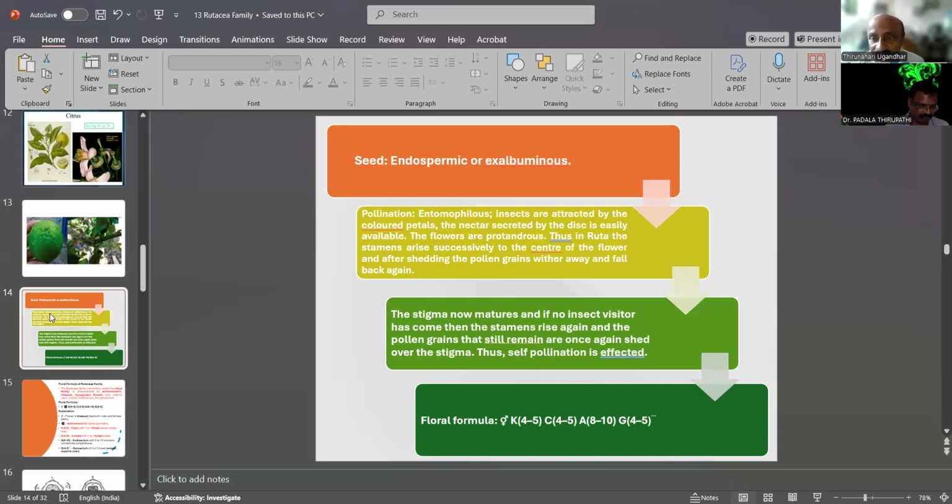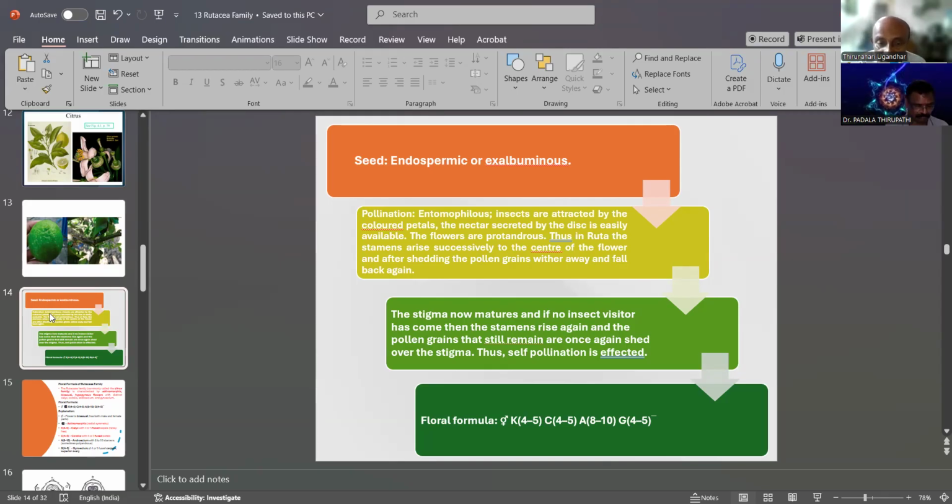The stigma then matures, and if no insect visitor comes, the stamens rise again and the pollen grains that still remain are once again shed without the visit of insects. If the stigma is not mature or not secreted, it is a definitely cross-pollinated plant, and the pollen is once again shed over the stigma. Thus self-pollination can also take place.